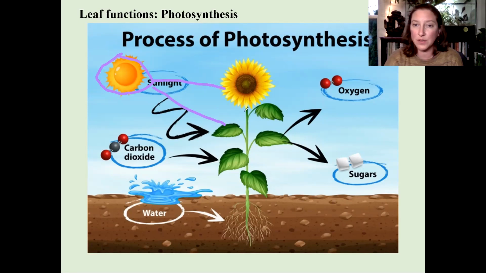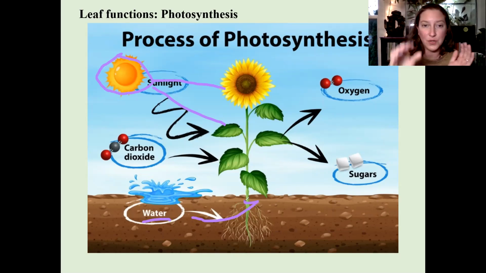And what plants are able to do, so the sunlight is shining on the leaves, and meanwhile, water, shown down here, is being absorbed by the roots, right? And so plants are able to take sunlight and use the energy from the sunlight and water to split up carbon dioxide and basically turn it into sugars.